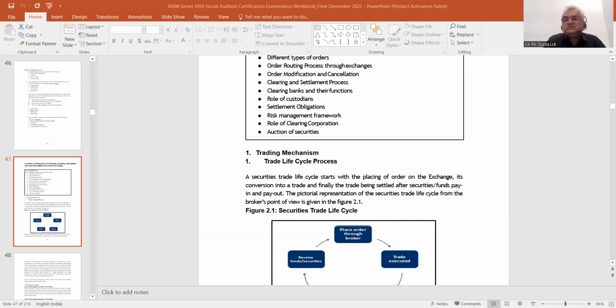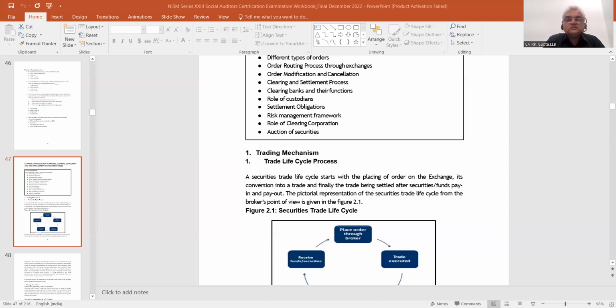So the first stage is placing of the order, then its conversion into a trade, and then there are certain precautions which the system takes care of. Suppose you want to sell shares, then it will check whether you have got the adequate quantity in your demat account. Similarly, if you want to buy certain shares, it checks whether adequate money is there in your bank account.